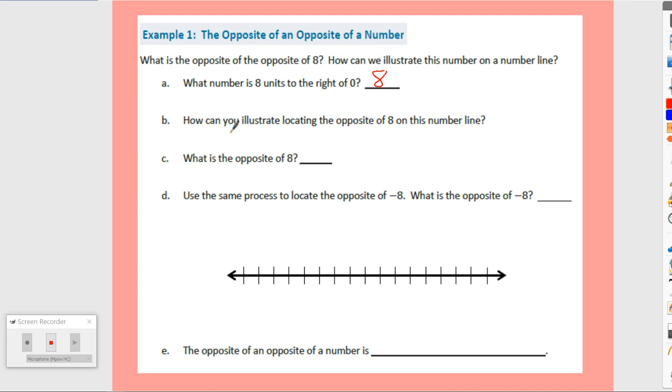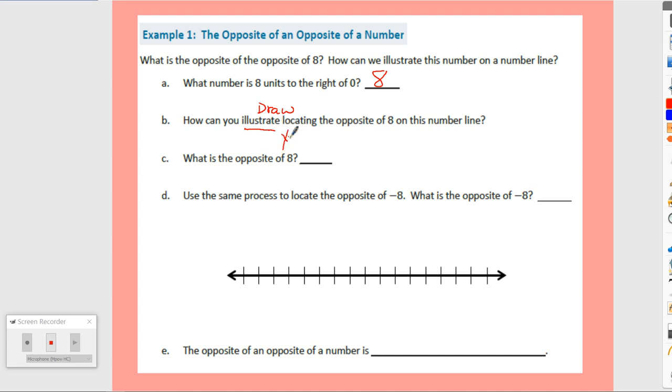And how can you illustrate locating the opposite of 8 on the number line? If you had to illustrate, what does illustrate mean you're going to do? Right? Draw, right? You would have to draw. So it said, how could you illustrate? Does it say you have to? No. So how would you find the opposite of 8?